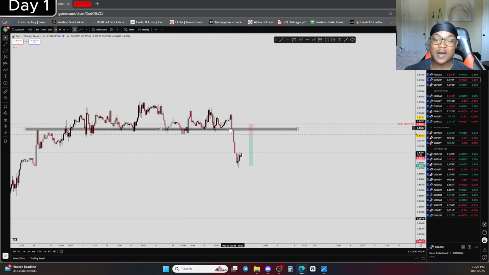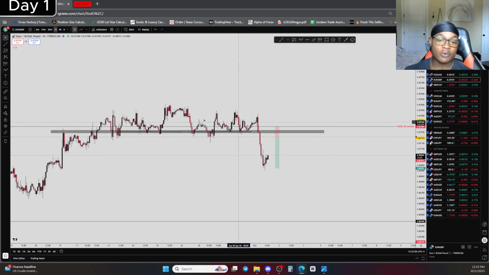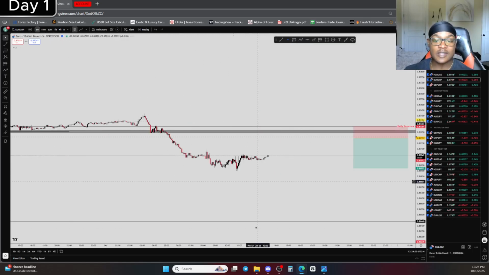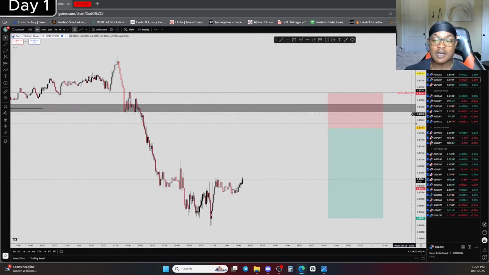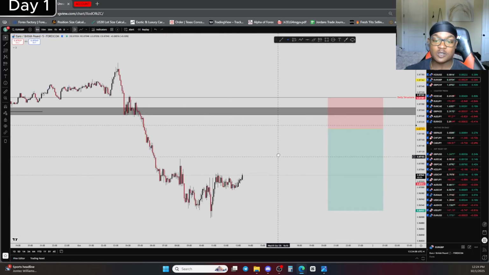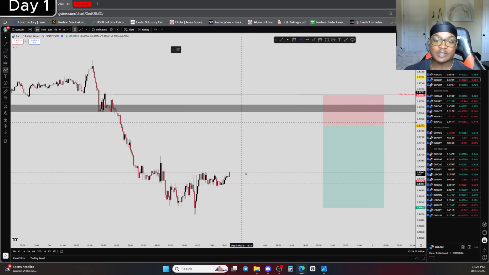This is when I grab that box tool, I drag out my zone, and we count the rejections. We can see we have well over 2 rejections. Now I simply wait for the 5-minute time frame to go from bearish to bullish in order to tap back into my area of interest.